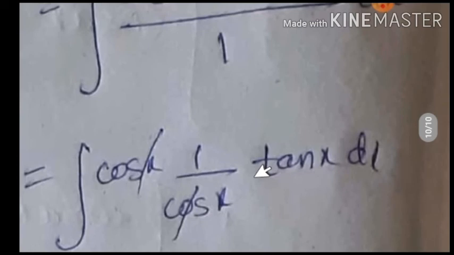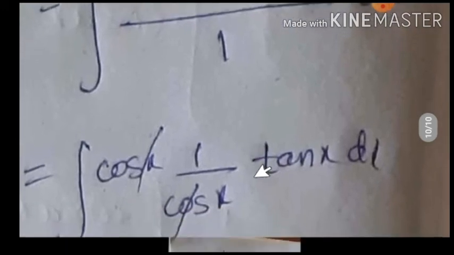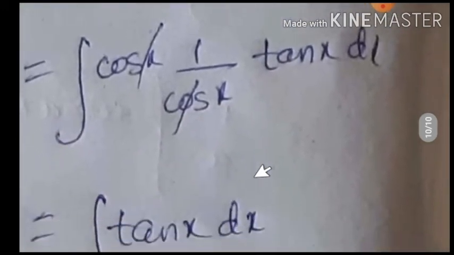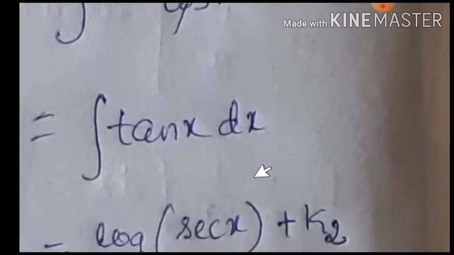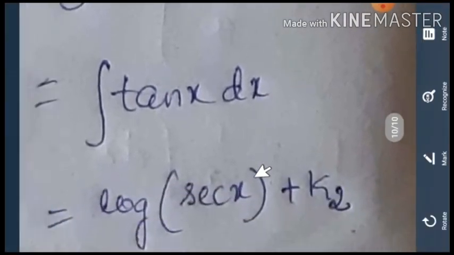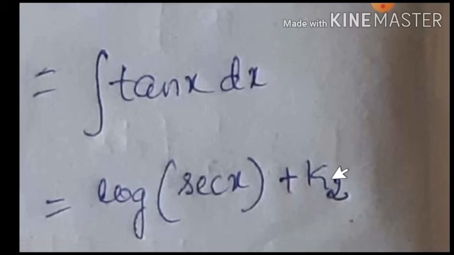And tan I have kept as it is, because cos and cos get cancelled, and we know that the direct integral formula of tan x is log of secant x. That I have written here: log of secant x plus the constant of integration k2.